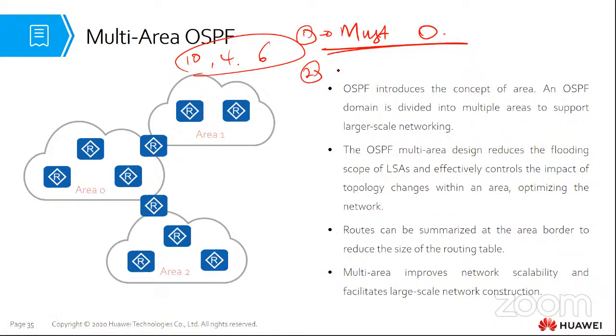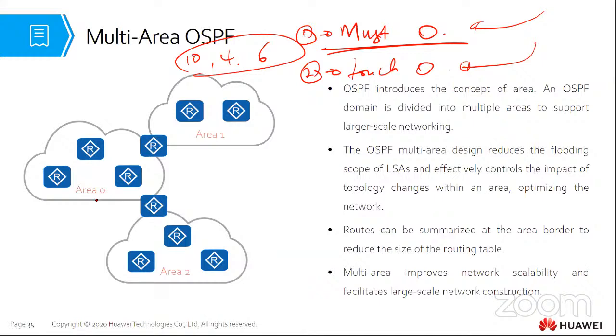Number 2, all other areas must touch area 0. The reason for this is outside scope for this class, but I'll explain in detail for those of you who pass this one successfully and join my professional level class.